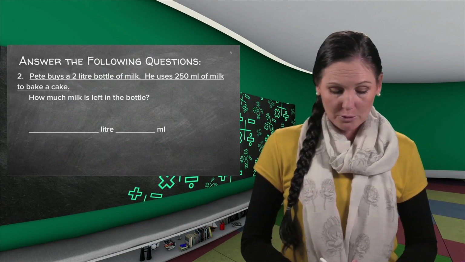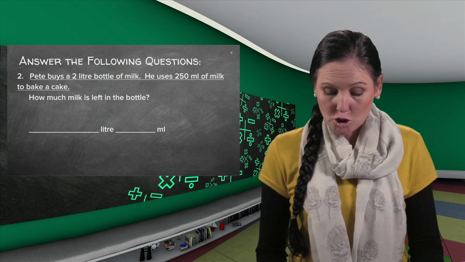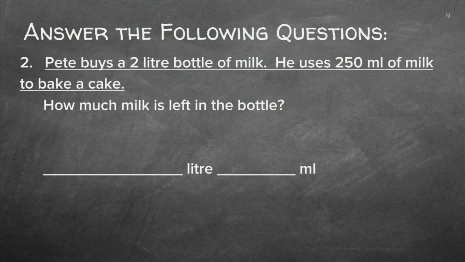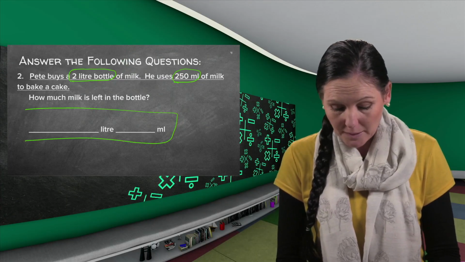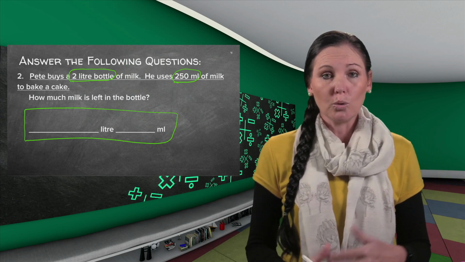The following question. Pete buys a 2-liter bottle of milk. He uses 250 milliliters of milk to bake a cake. So he's got a 2-liter bottle of milk. So how much milk is left in the bottle? So now they don't want you to write all the steps down. They ask a question and then they give you a space to answer your question.